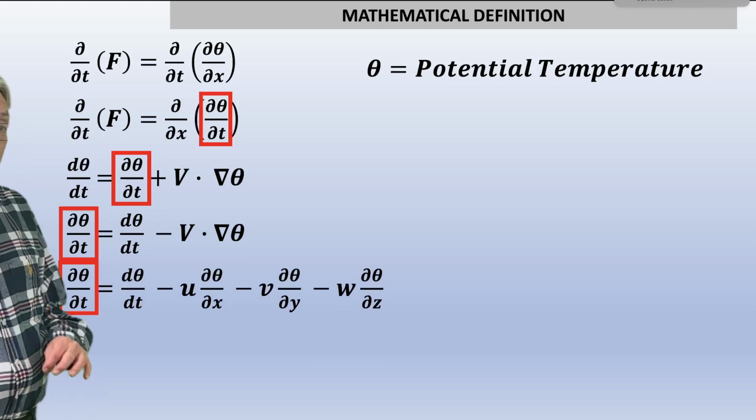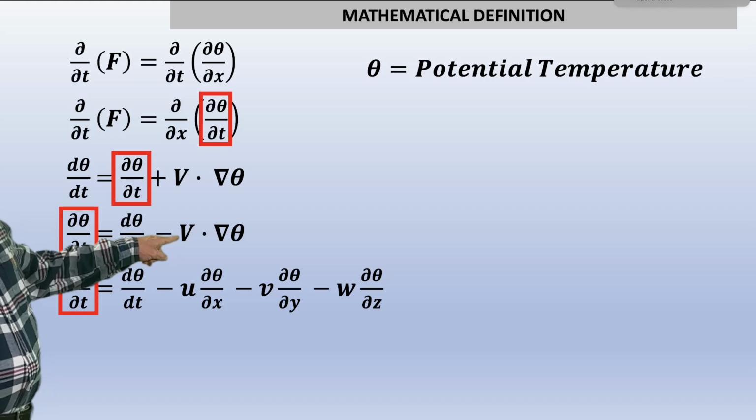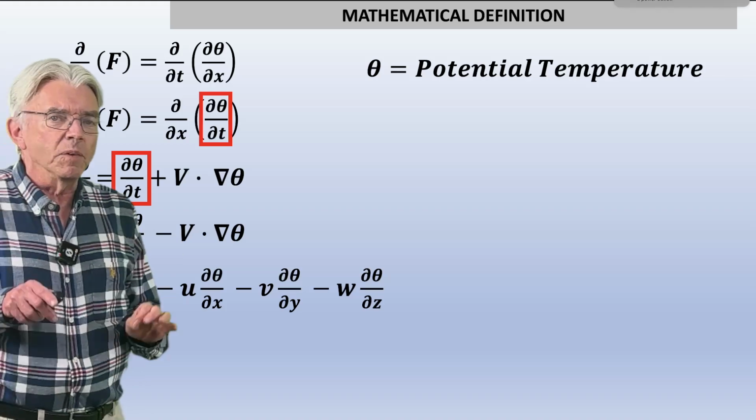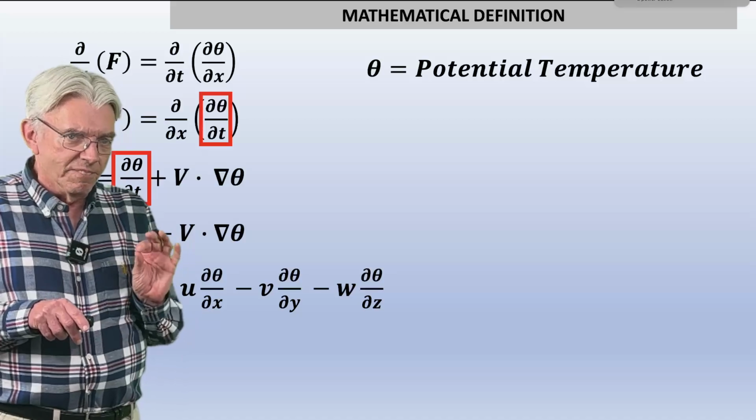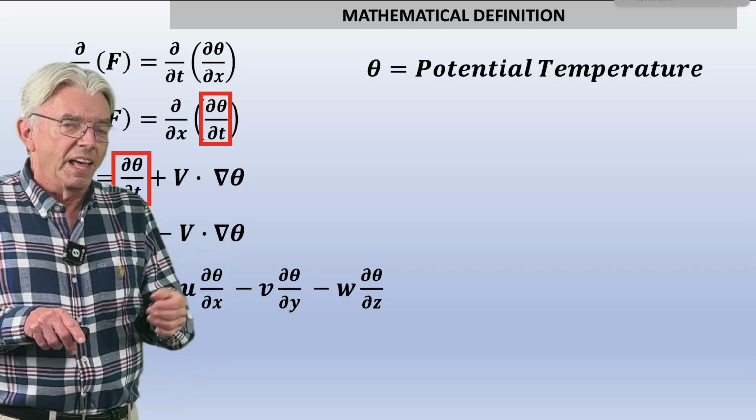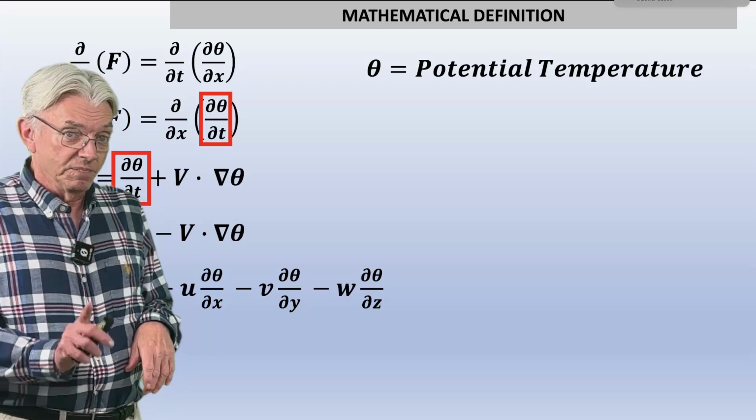Okay, and then you can expand that out where you have the total wind, and the wind is made up of three components. The U component is west to east, the V component is south to north, and the W component is up.